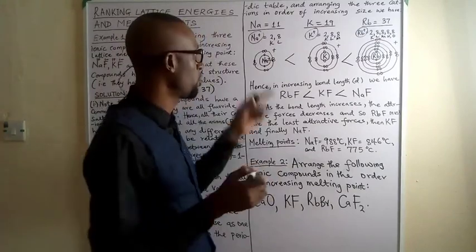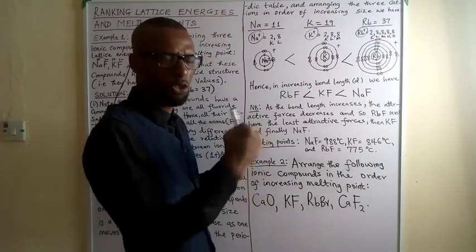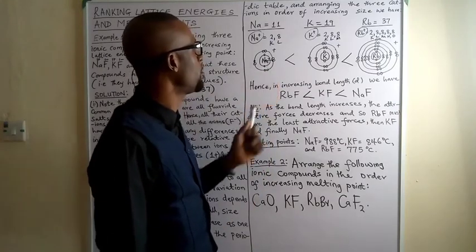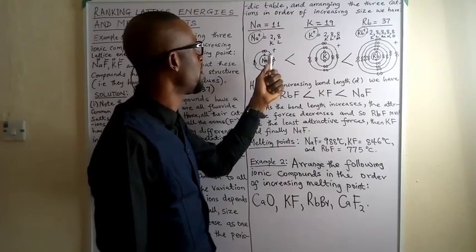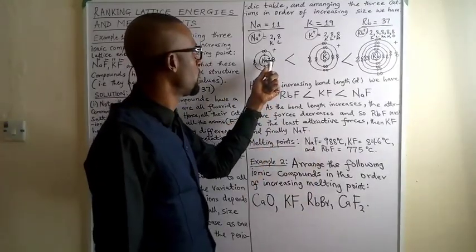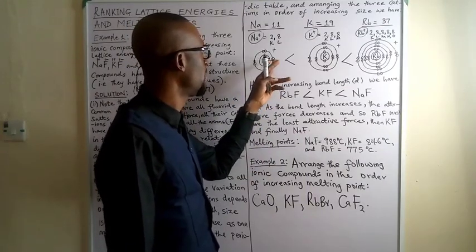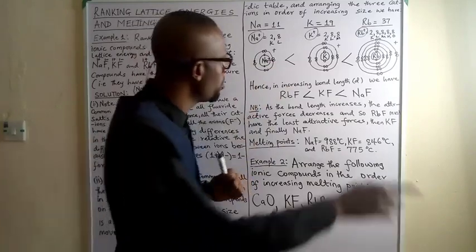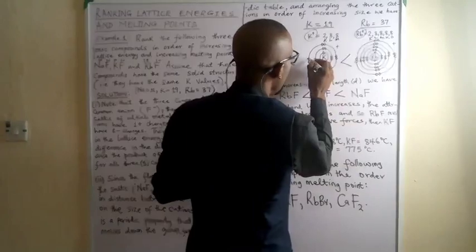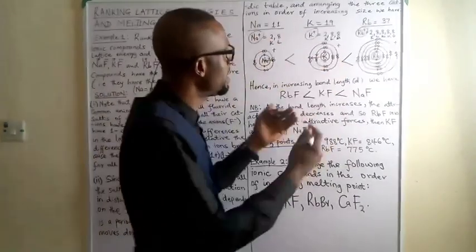The shorter the distance, the stronger the ionic bond. So an ionic bond between sodium ion and fluoride ion is going to be very strong because of the short distance between the nucleus of this ion and the nucleus of the fluoride ion. When you compare it with this, you are going to have 3 shells. So of course, the ionic radius increases the internuclear distance.